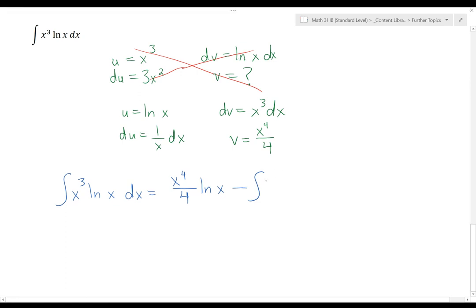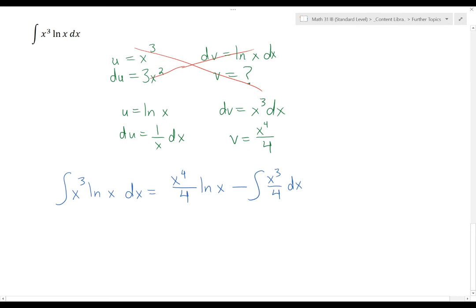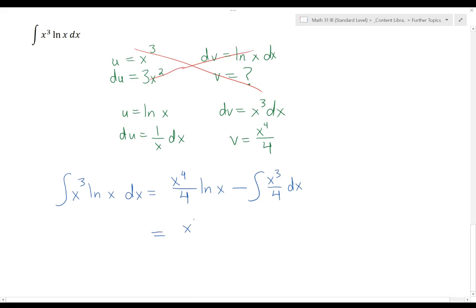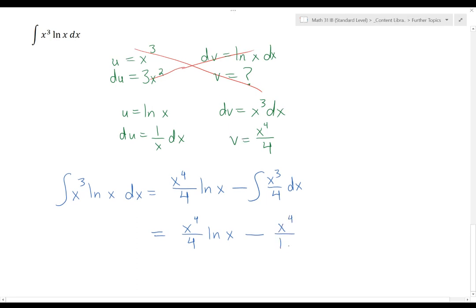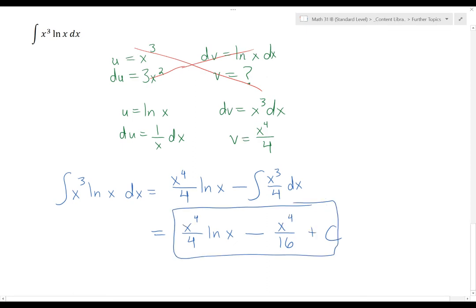So x cubed over 4 dx. And this is now simply algebraic, so I can integrate that by using just the power rule. So I have x to the power of 4 over 4 times the natural log of x minus x to the power of 4 now over 16 plus some constant. And that is the integral that I was looking for.